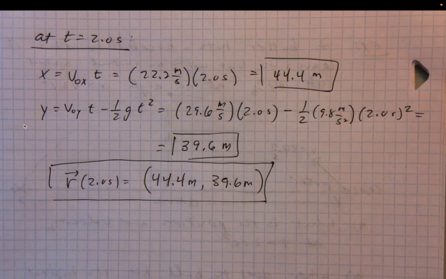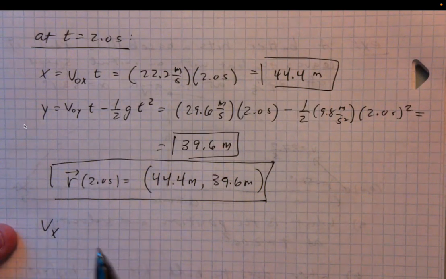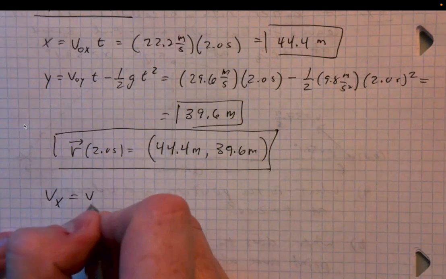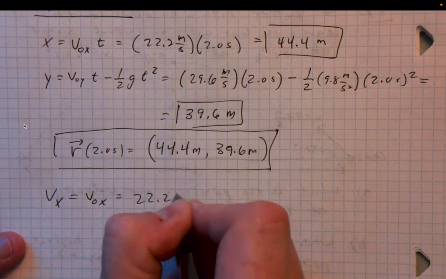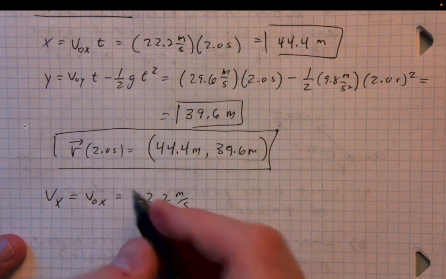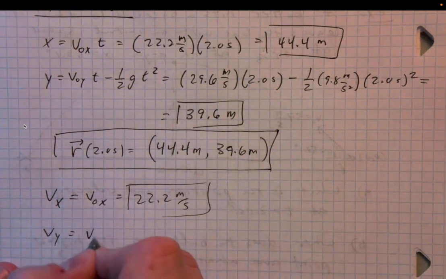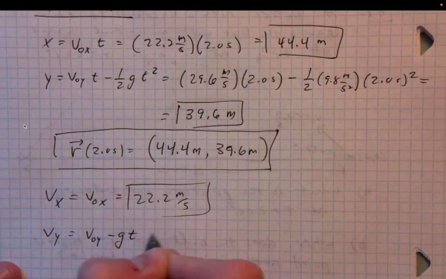Okay, and so what about the velocity? So the x component of velocity, we know is just constant. It's the initial velocity in the x direction. So that's 22.2 meters per second. That's not changing. What about the y component? Well, it's going to be whatever the initial y velocity is minus g times t, right?